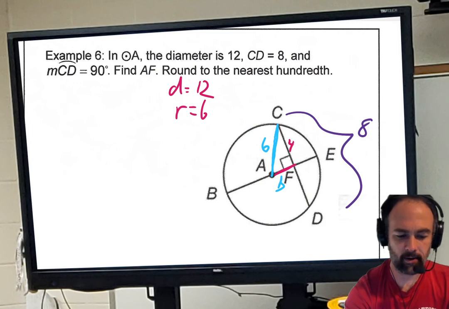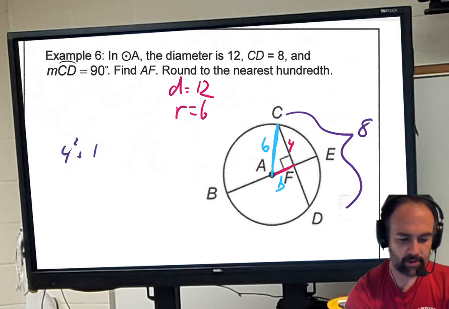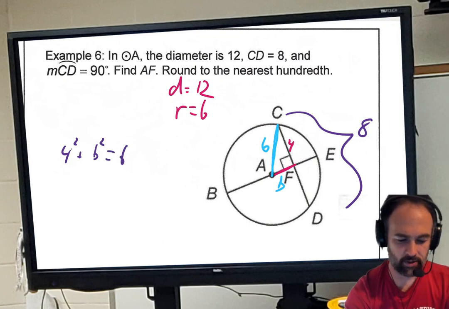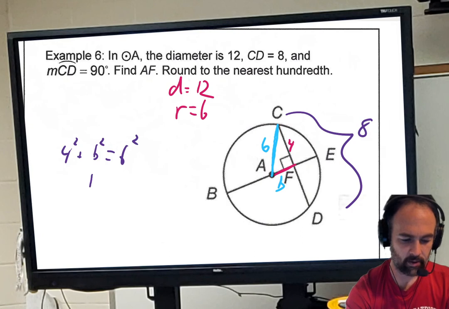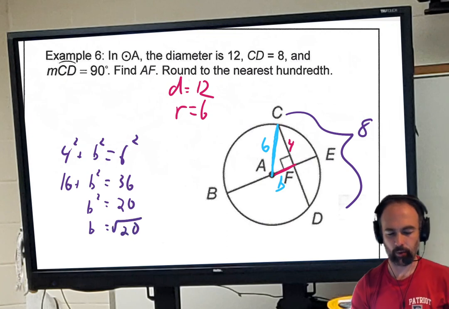So Pythagorean Theorem, a squared is 4 squared plus b squared equals c squared, which is 6 squared. So 16 plus b squared equals 36. Subtract 16 on both sides. b squared equals 20. And then take the square root. b equals the square root of 20.